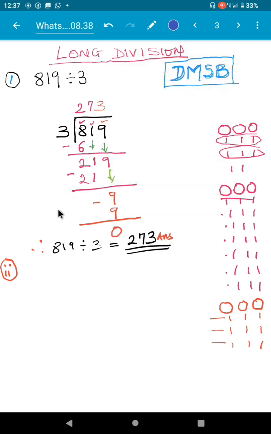This one is 432 divided by 4. Let's look at this.